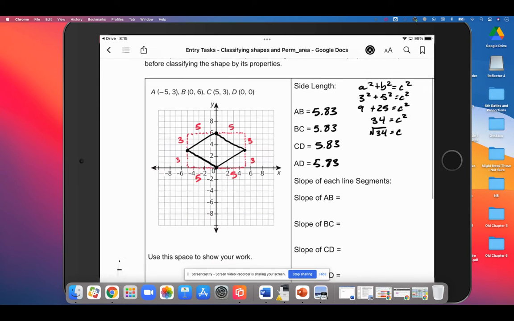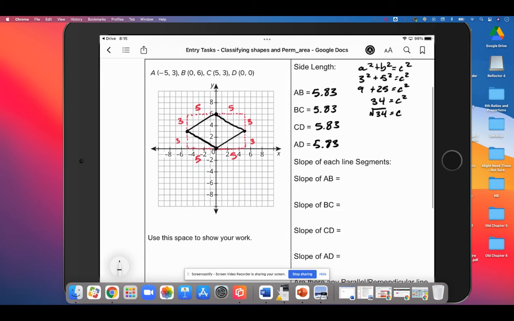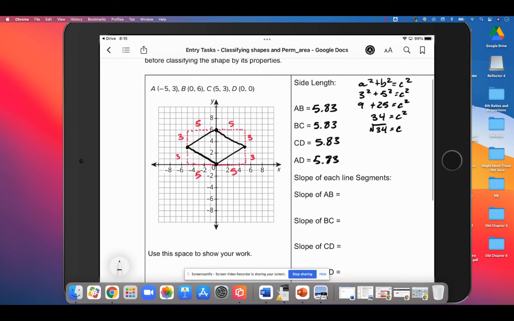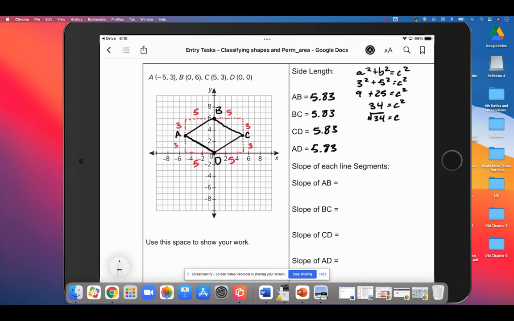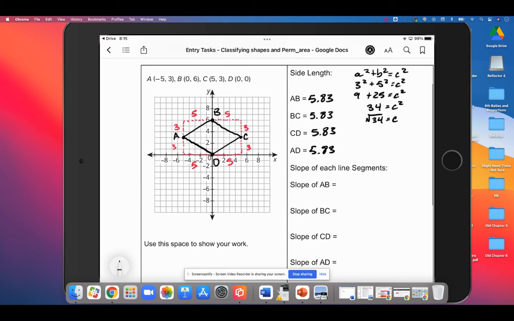And then the slope of each of the segments. And so for AB, I should probably label my points. And so there's A, up here is B, over here is C, down here is D. For AB, we have a slope of 3 over 5 because we went up 3 and to the right 5, so it's a positive slope.